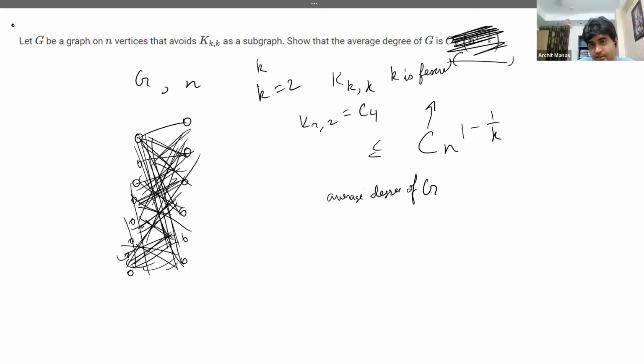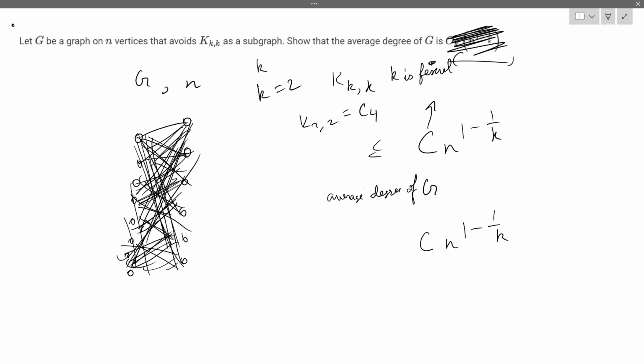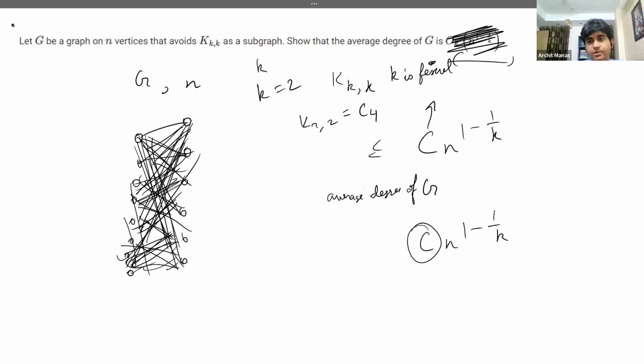So you can imagine K as something fixed, and you have to show that the average degree of G is at most C times n to the 1 minus 1 over K. C can be a function of K, yes, because K is fixed, but C has to be absolute. It can't depend on n, for example. It can depend on K.